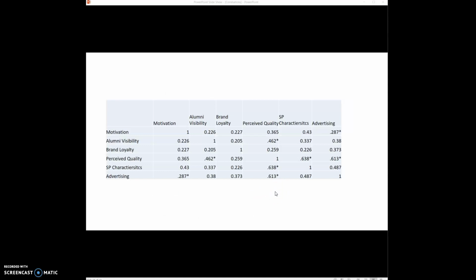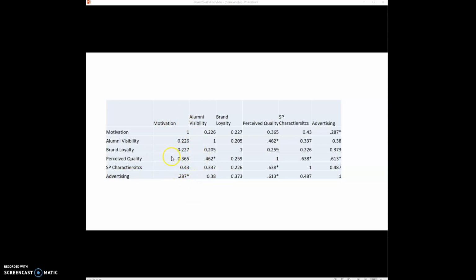So what do these look like? This is a correlation table. And when you look at data output, you'll see something like this. So this is a correlation between some factors about alumni relations, including motivation, visibility, brand loyalty, which means that you're loyal to your university, the perceived quality of your experience, something they call special characteristics in advertising. And what this shows is which of these are correlated. So there is a small correlation between advertising and motivation, but it is significant.